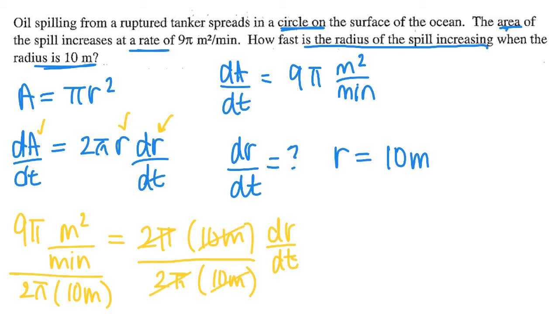And over here the pi's should cancel. So my final answer, the rate of change dr over dt of my radius, is going to be 9 over 20. And then let's figure out our units. One of these meters is going to cancel. So 9 over 20 meters per minute.